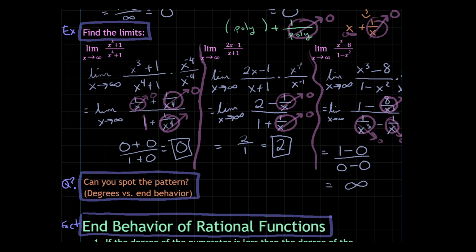It does it harder. It does it faster. Does it better. So the infinity on the bottom is going to win out over the infinity on the top. Because the infinity on the bottom is heavier, it goes to 0.